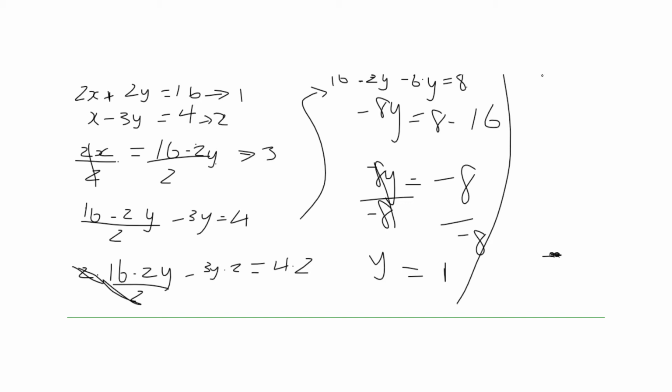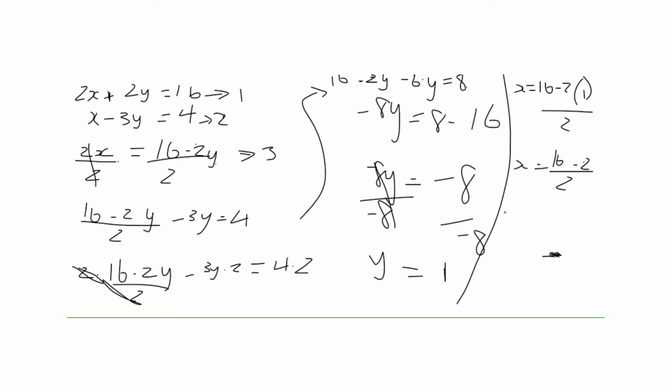So we have x equals 16 minus 2 times the y, which is 1, all over 2. So x equals 16 minus 2 all over 2.